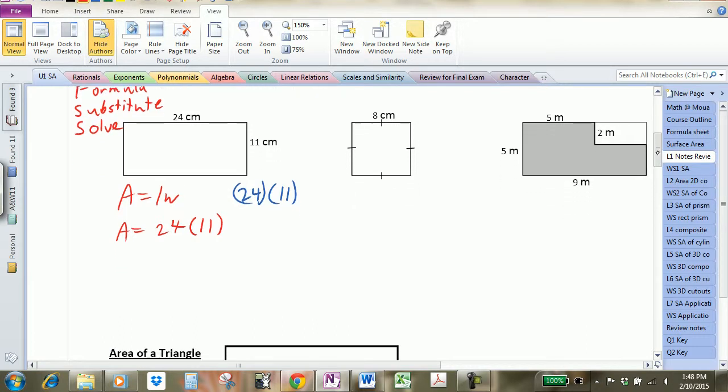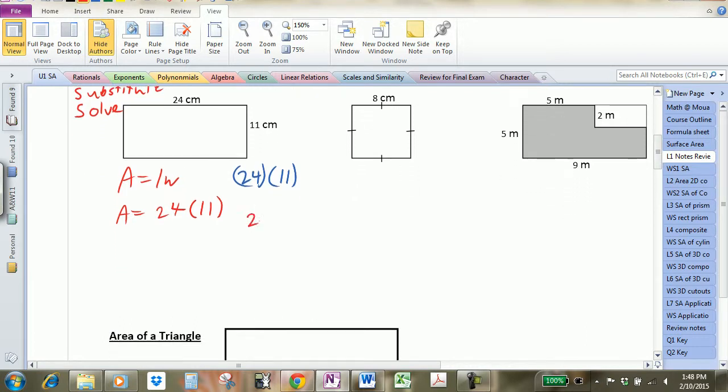Now you're not going to use your calculator right yet because you're going to break the 11 into two parts. So without a calculator, what should you break the 11 into? 10 and 1. Because you know that this is 240 and you know that this is 24, so then you can get your answer easier.